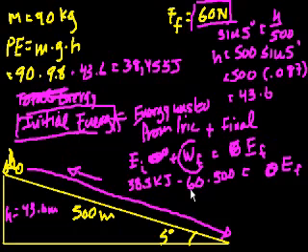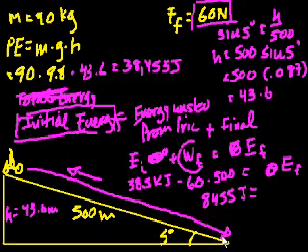And what is 60 times 500? That's 3,000. No, 30,000. So let's subtract 30,000 from 38,500. I didn't have to do that, I could have done that in my head. So that gives us 8,500 joules is equal to the final energy.